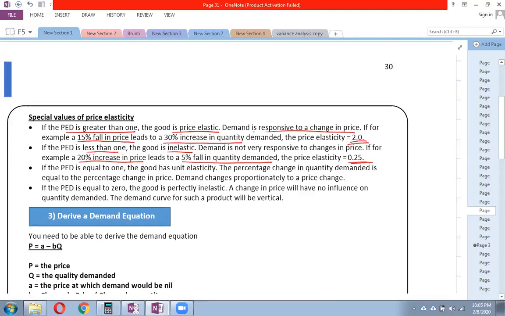But if there is a lot of competition and you increase the price, the customers are going to buy from someone else. So price elasticity of demand. Is there any question on price elasticity of demand? Anyone with any question?